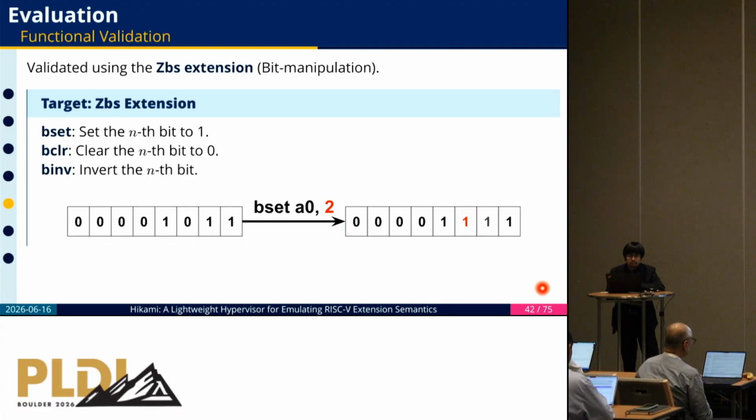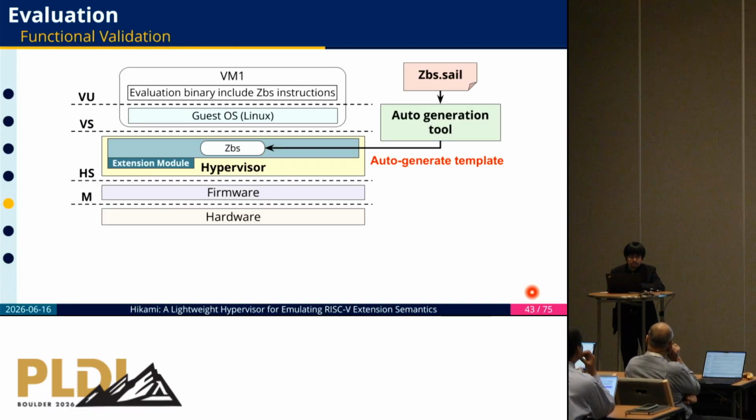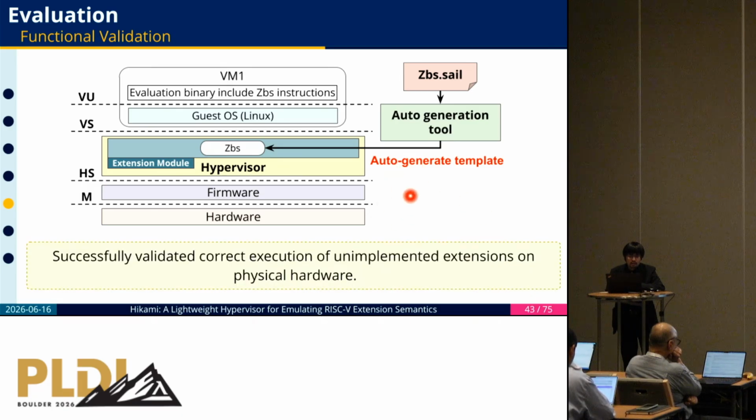For fundamental validation, we targeted the Zbs bit manipulation extension, which is not natively supported by the hardware. We verified that the guest program using these instructions could run correctly on the physical board. This successfully demonstrated that Hikami can provide the correct semantics for unimplemented extensions on real silicon.